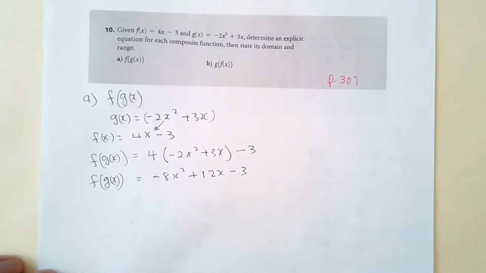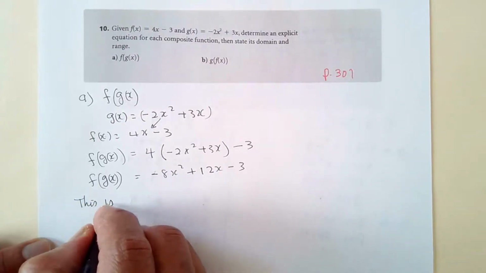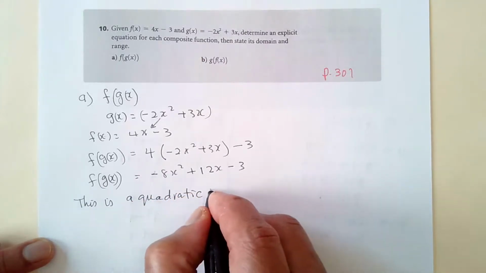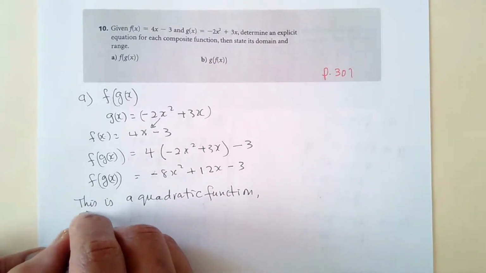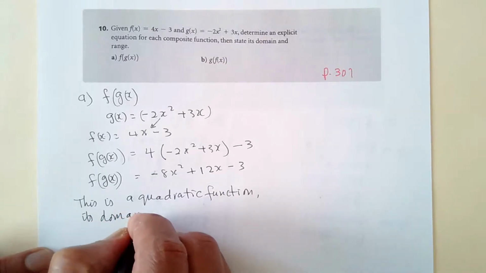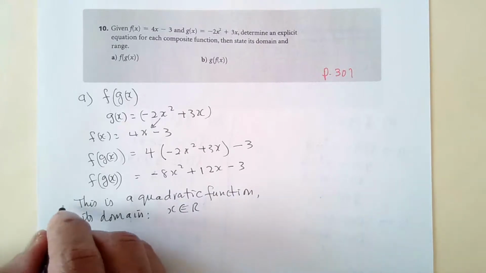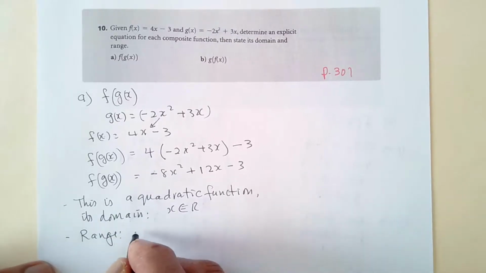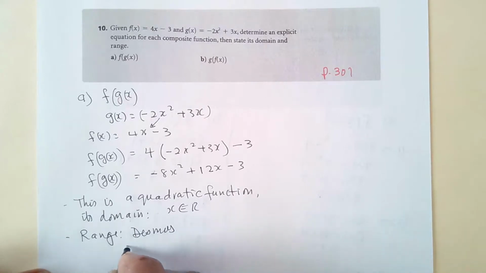Now, this is a quadratic function, so it gives me x squared. Since this is a quadratic function, its domain is x, the set of real numbers. Now, for the range, using Desmos, y is less than or equal to 1.5.